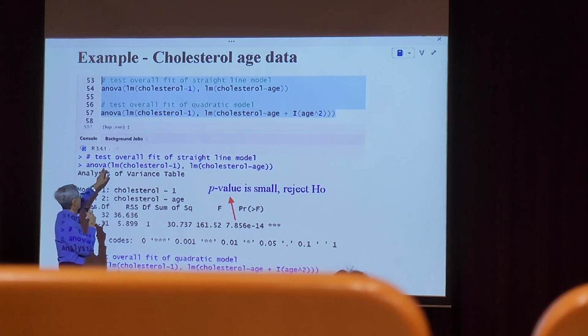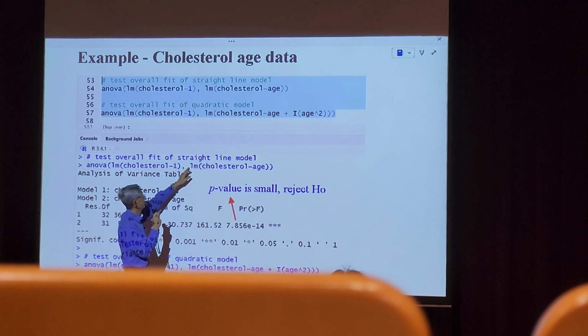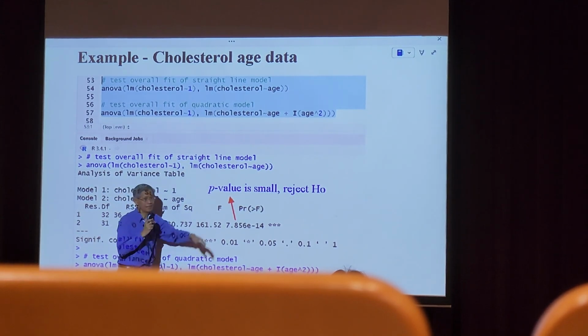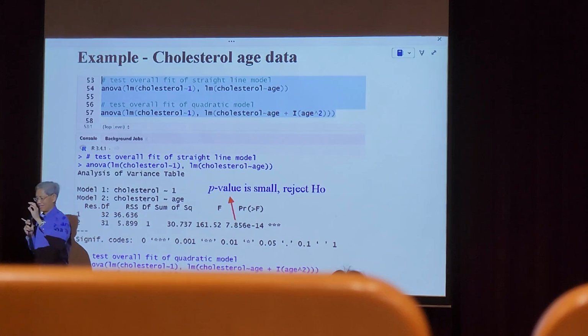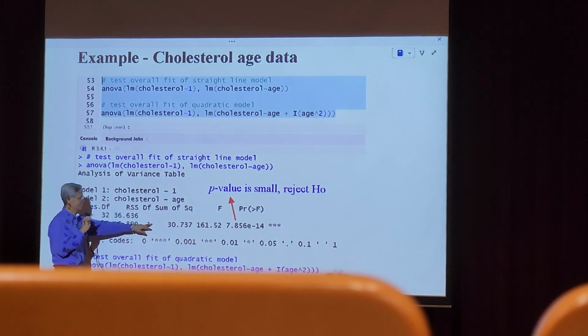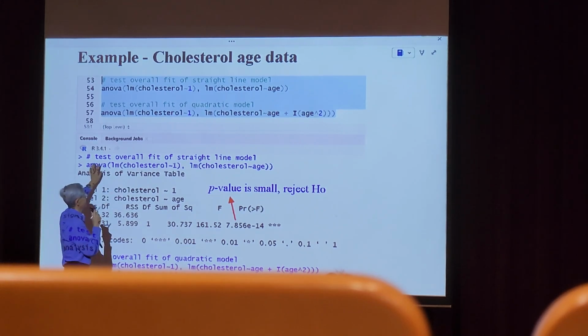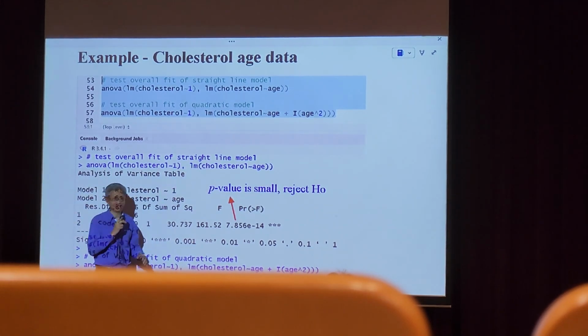So here, if I say lm of cholesterol versus 1, I'm comparing with age. But for simple linear regression, I actually don't need this statement. I can just say anova of this.